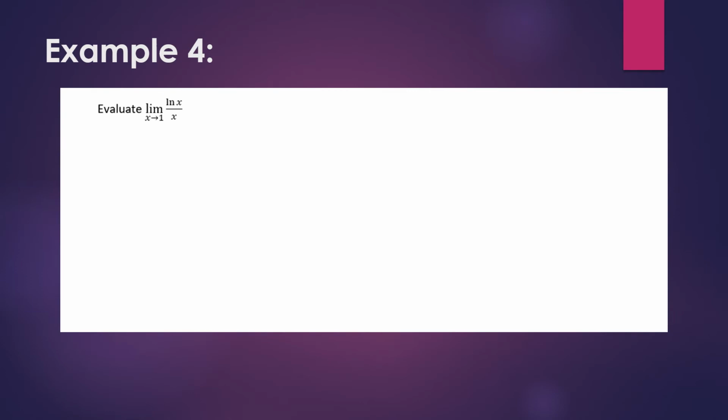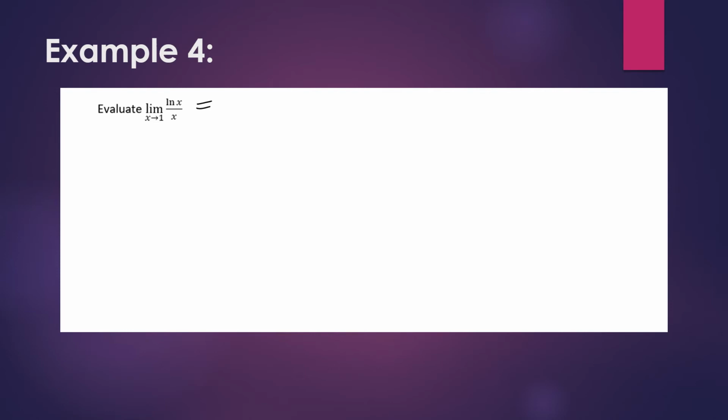So number 4, the limit as x approaches 1 of ln x divided by x. Now, if you're thinking that we need to apply L'Hopital's rule, you're making the rookie mistake here. This is the number one mistake I see made with L'Hopital's. L'Hopital's only works if we have an indeterminate. We first need to see if L'Hopital's is needed here. So let's plug in 1.